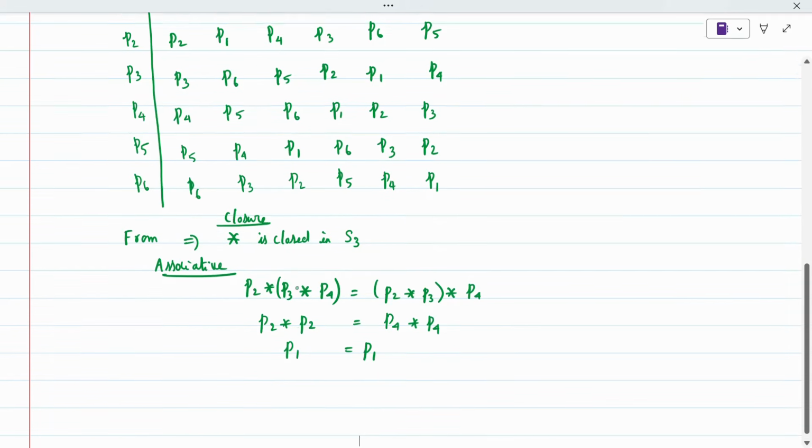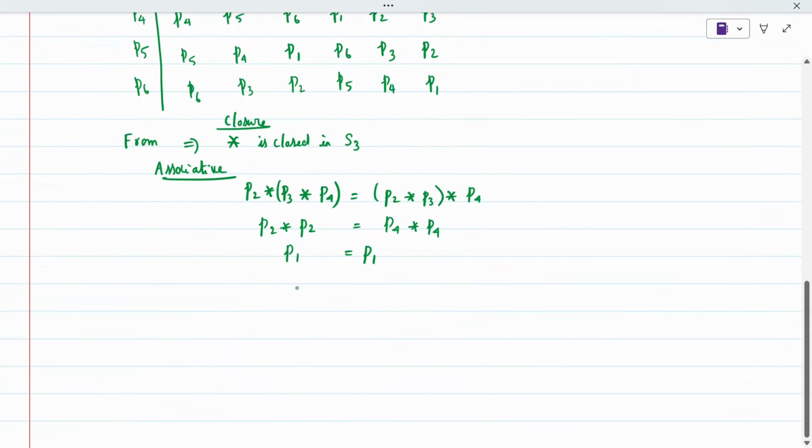Okay, third is the identity condition. We are going to check which is the identity. I don't know which is the identity, so in general first I will check it. First I will take P1 as the identity element.